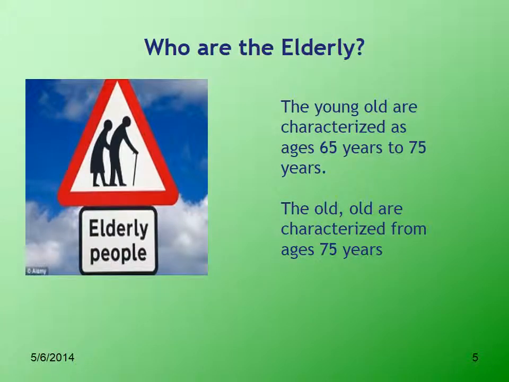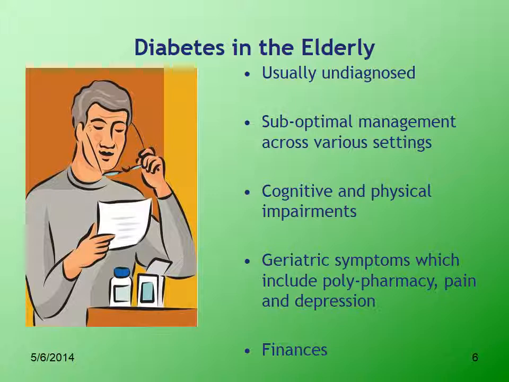Who are the elderly? The young old are characterized as persons aged 65 years to 75 years. The old are persons aged 75 years and above. Diabetes is usually undiagnosed in this population.